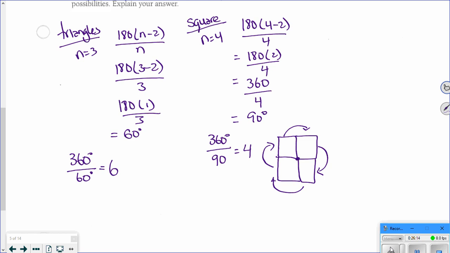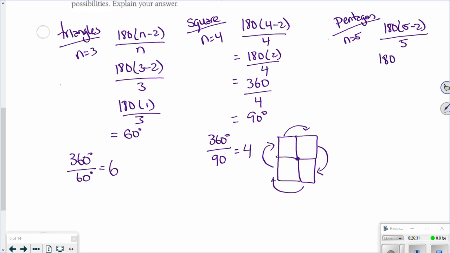If we try a pentagon, penta means 5, so n equals 5. If I work this out, 180 times 5 minus 2, all divided by 5, is going to be 180 times 3 divided by 5, which is 540 divided by 5, which equals 108 degrees.